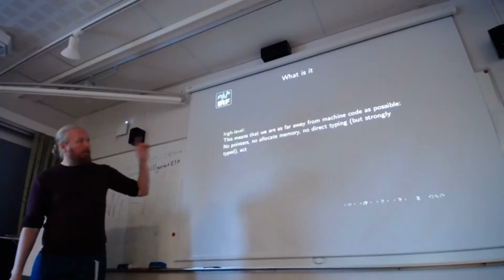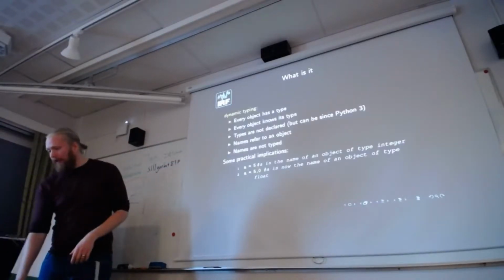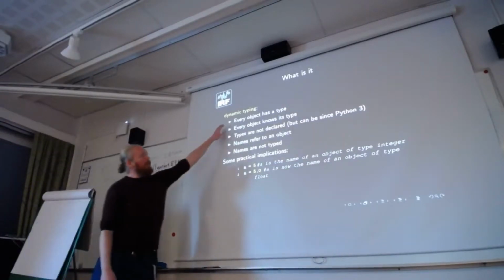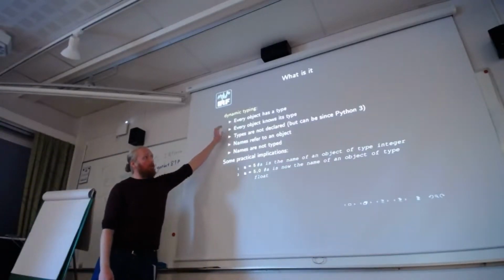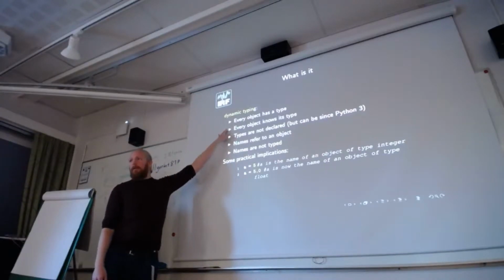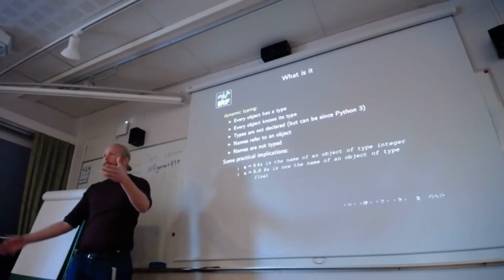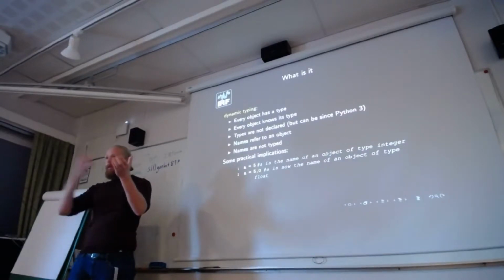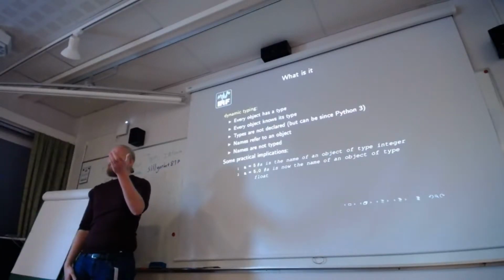And why it is strongly typed means that basically every object has a type and every object knows its own type. So if you have an integer saved somewhere, it knows it's an integer and it has all the code that pertains to integers inside itself.